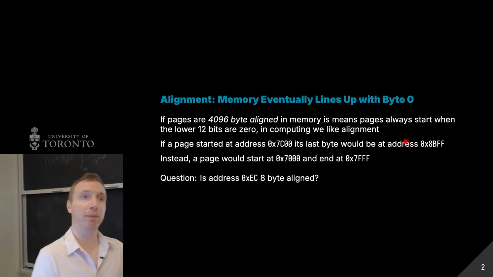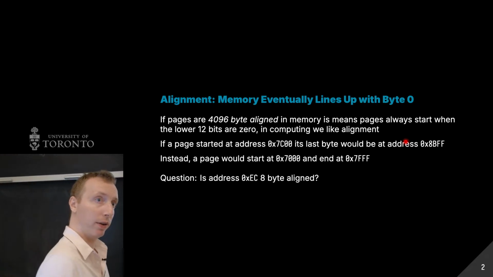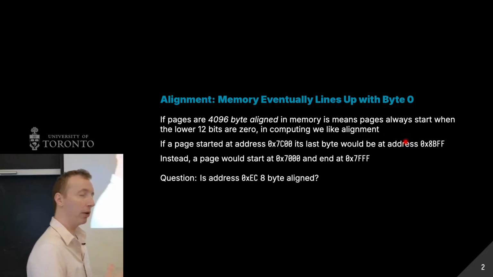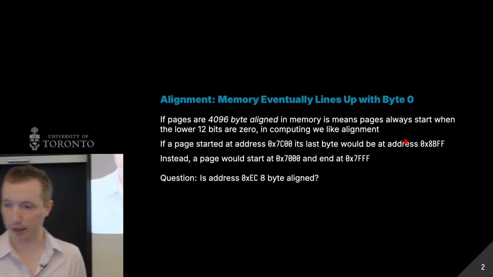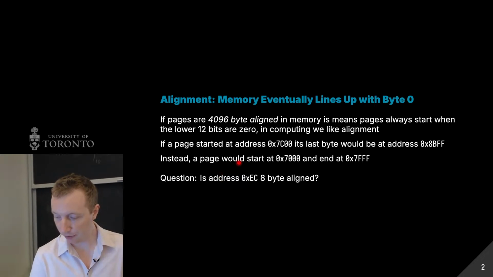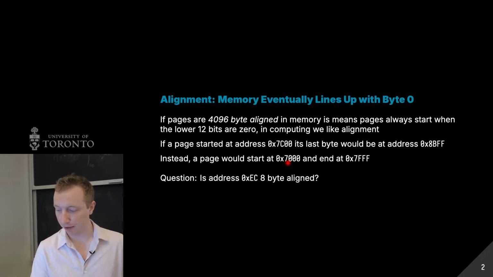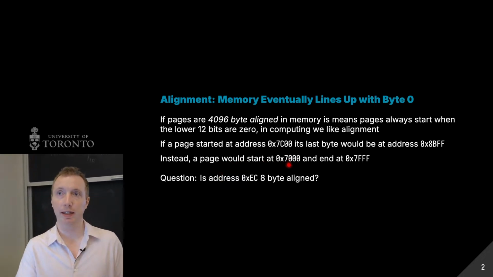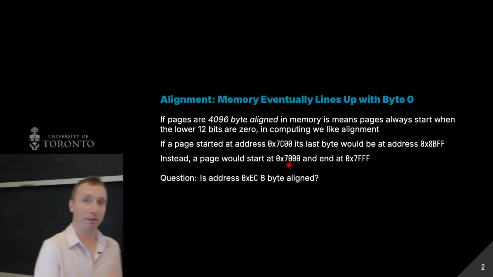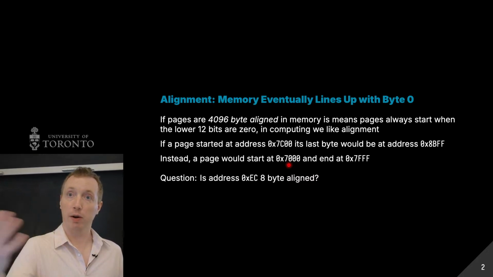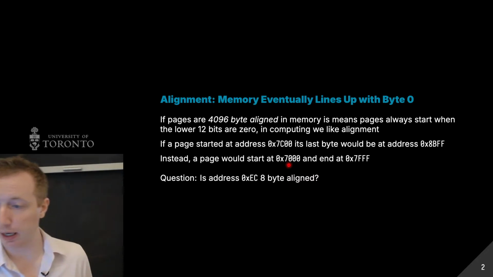But because pages are all aligned, so they start at a multiple of 4096, I would just say it's on page 7, and I know the lower 12 bits I can immediately use for the offset, which byte on the page I need to use.